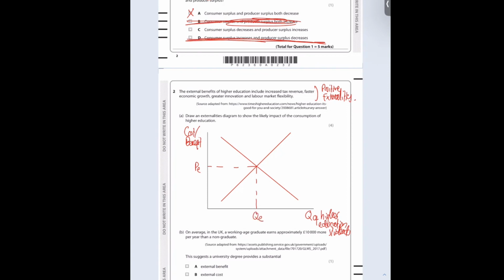Now we need to label the diagrams. For a positive externality of consumption, the supply curve is not going to change, so we just put that marginal private cost is equal to marginal social cost. Because we're going to show demand shifting outwards to show actually we want greater consumption of this, I need a second demand curve.